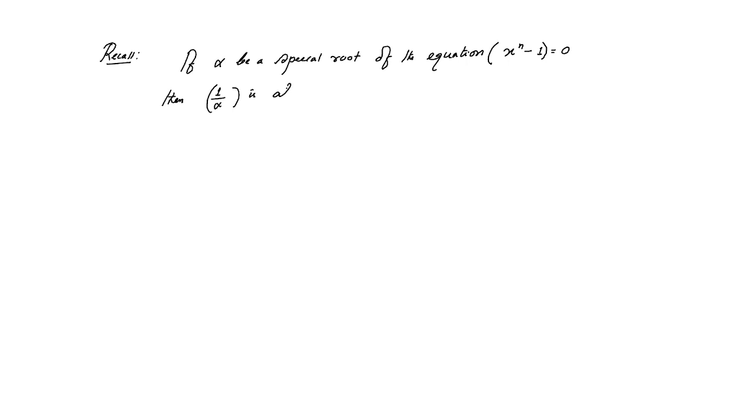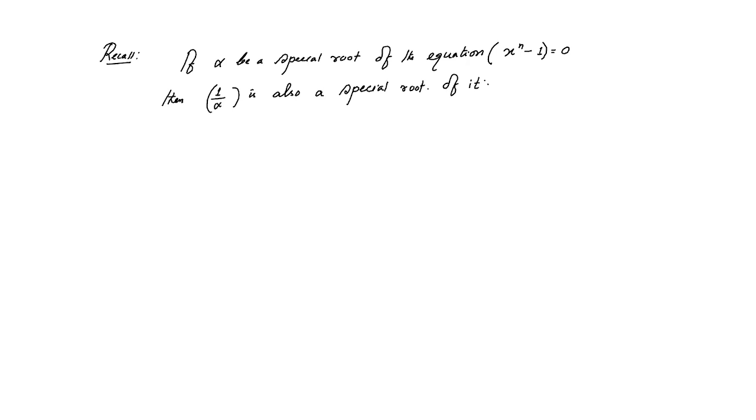The recall is basically, if alpha be a special root of the equation x to the power n minus 1 equals 0, then 1 by alpha is also a special root of it. Okay, so this is another important recall.